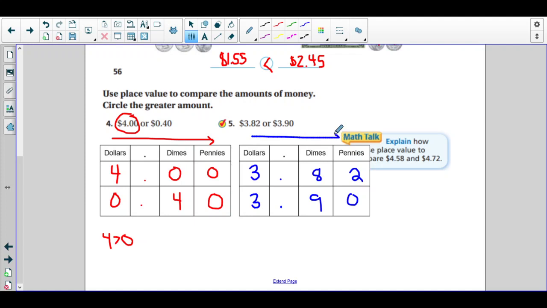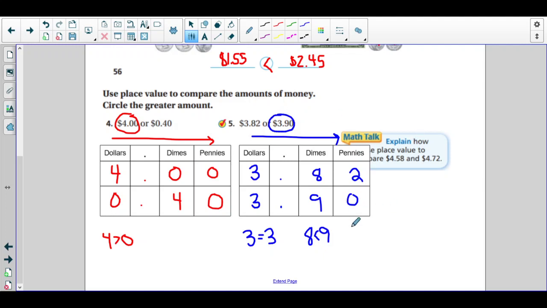So reading this one from left to right, I have that 3 is equal to 3. All right, so I need to go to the next place value. Okay, so 8 is less than 9. So we can stop right here and say, because the 8 is less and the 9 is more, that $3.90 is the greater amount.